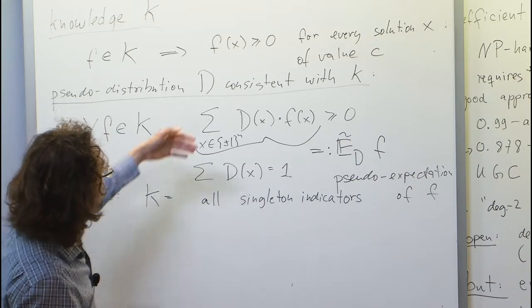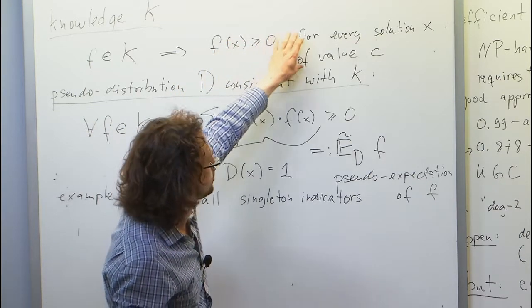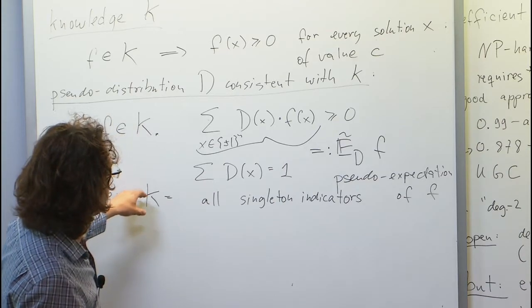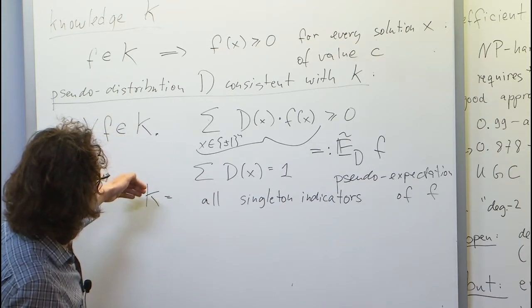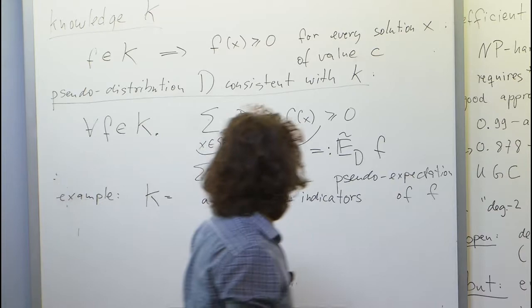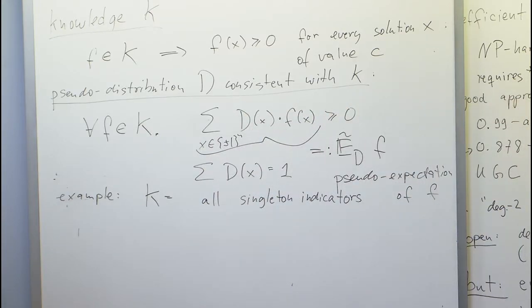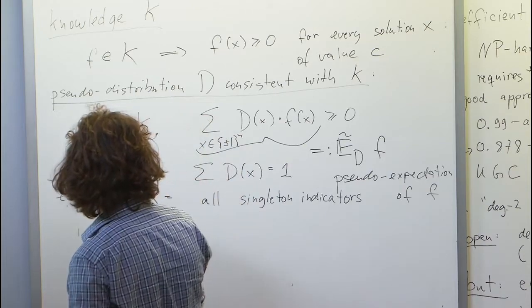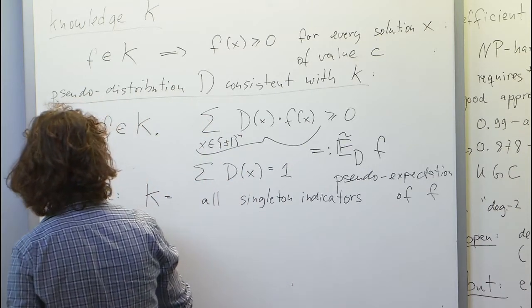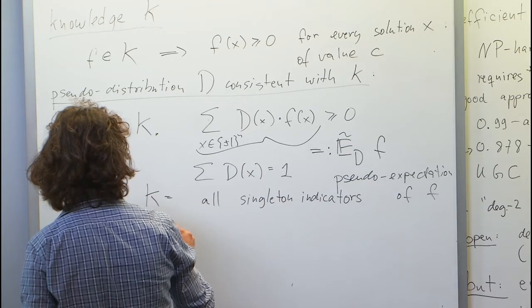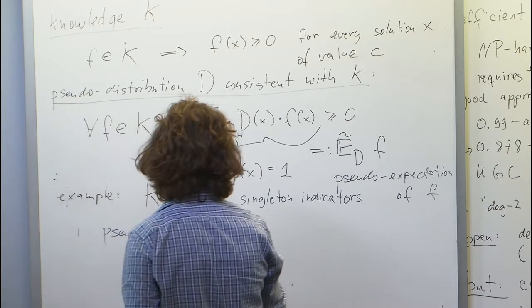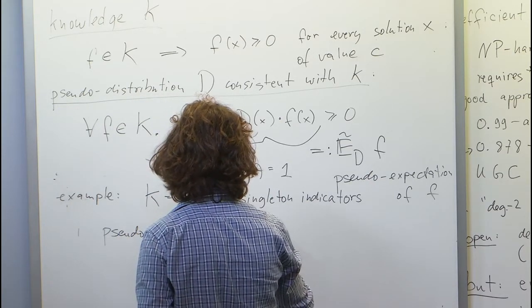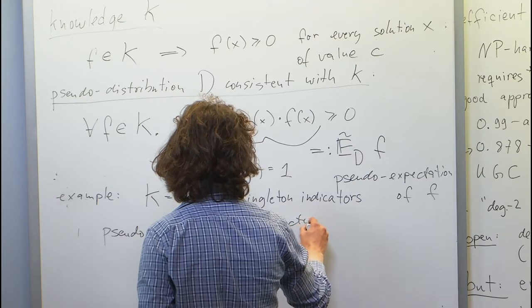If you had the indicator of every such solution in our set k, then d needs to be a distribution. The pseudo distribution with respect to that set k is an actual distribution.